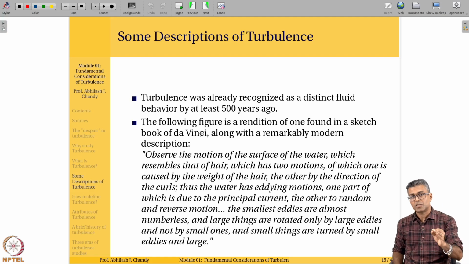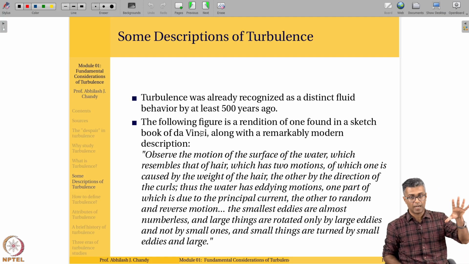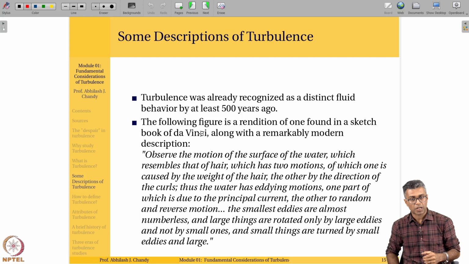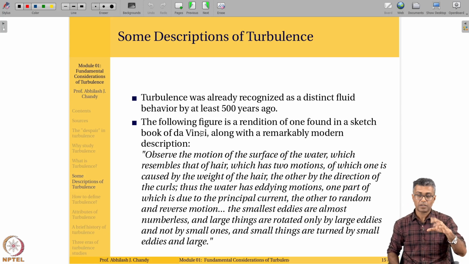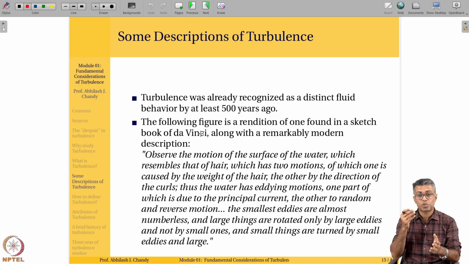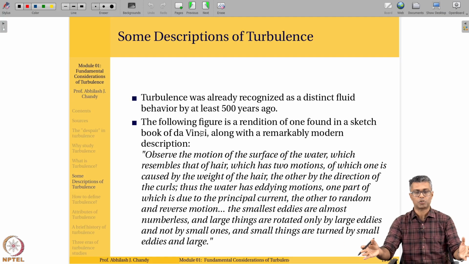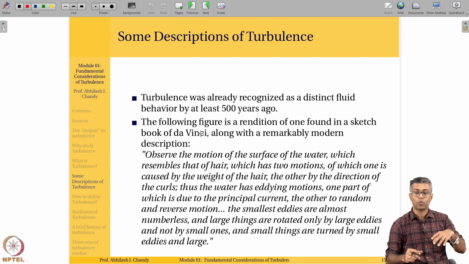Simply put, he is describing the energy cascade of turbulence. He is talking about large scales versus small scales. We saw that in the jet picture earlier. You have a jet, you have the large structures, and then you have the small structures. He talks about how the small structures, the small eddies, are numberless, so many small structures. Large things are only rotated by the large eddies and not by small ones.